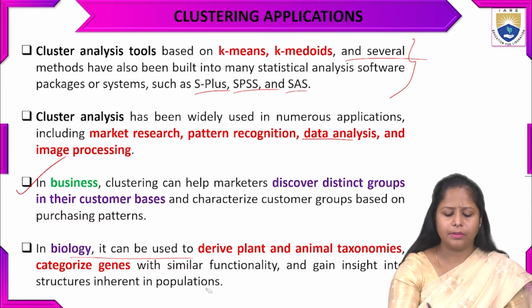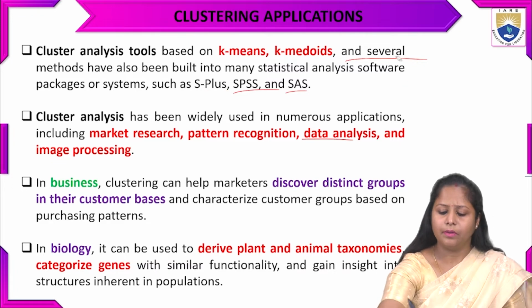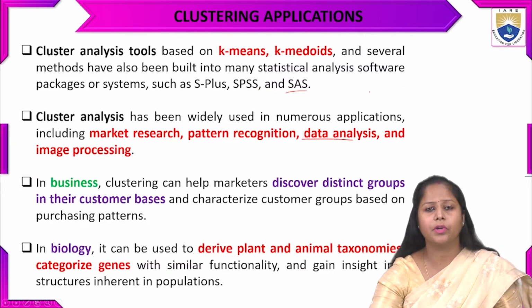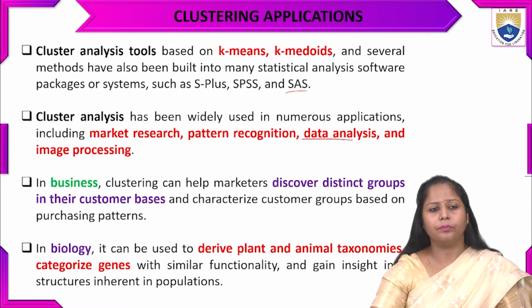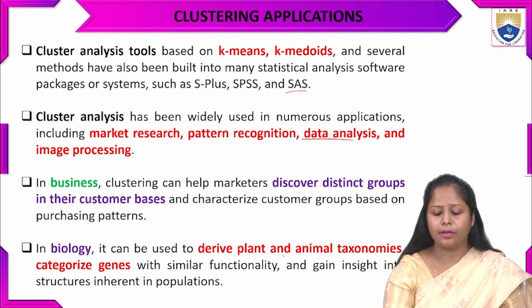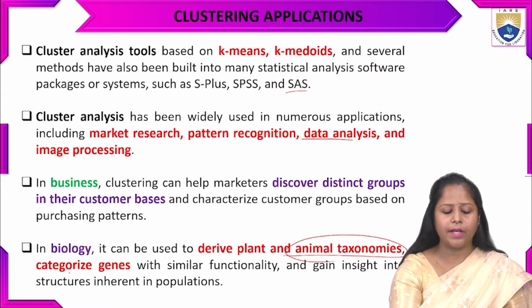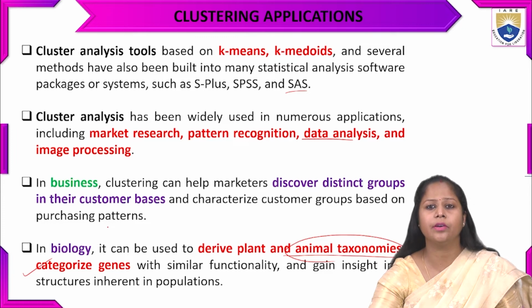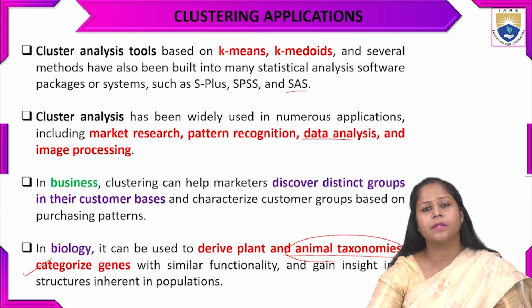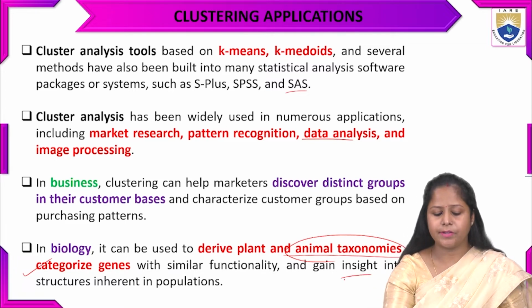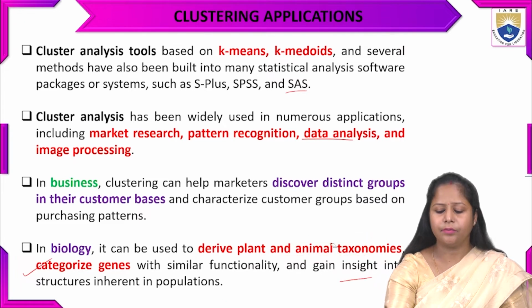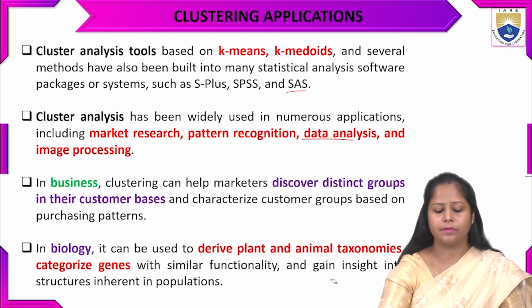For example, nowadays corona is increasing, so we can find the taxonomy of that, and on the basis of that characterize its genes. If there is similar functionality, then we can also visualize the same patterns or structures that are inherent from other types of populations.